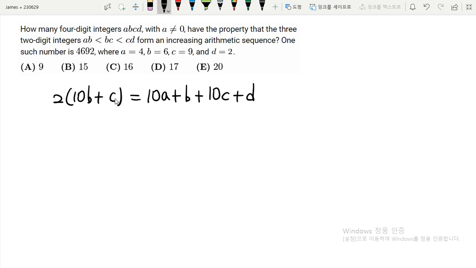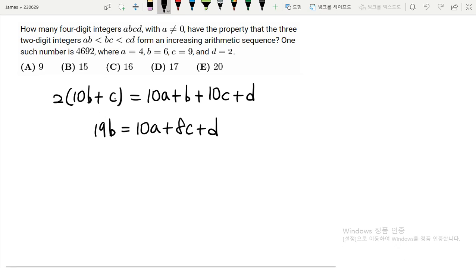So we can make this equation, and if we open the parentheses and move the terms, we can simplify the equation, and because A is not 0, if A is 1 and if B is 1, A should also be 1, but all things become 1, so that does not satisfy the inequality.